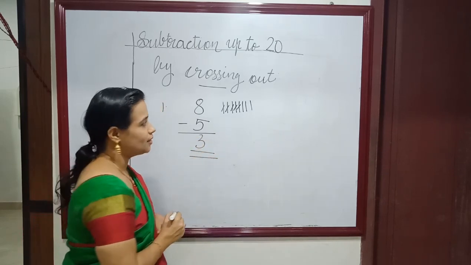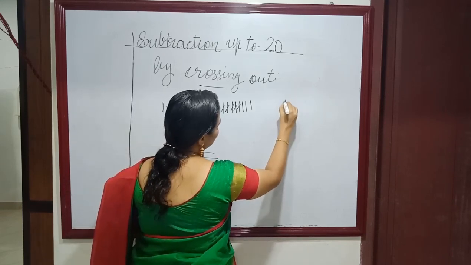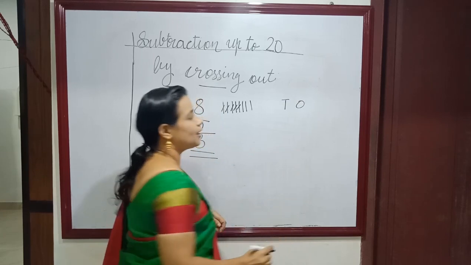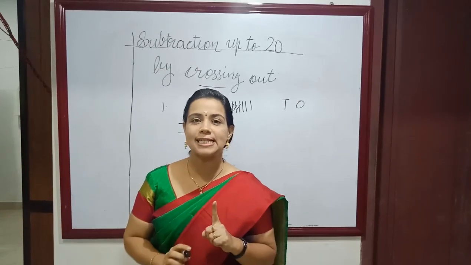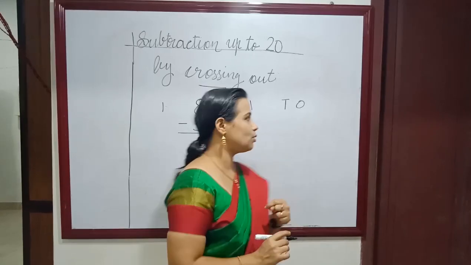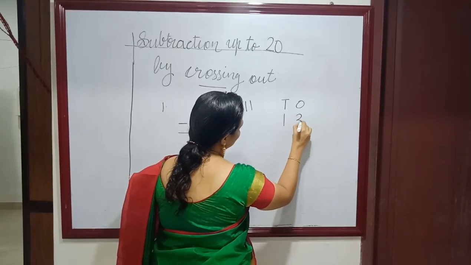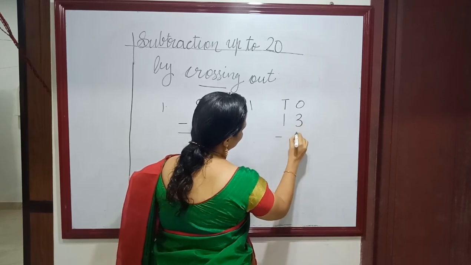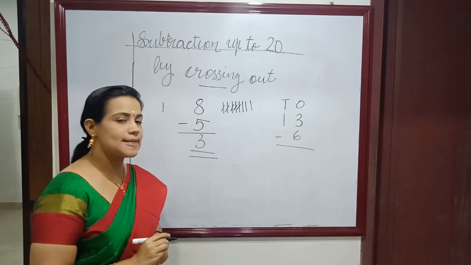Got it? Then next one. We have already learned T for tens and O for ones. You just listen here. 13 minus 6.